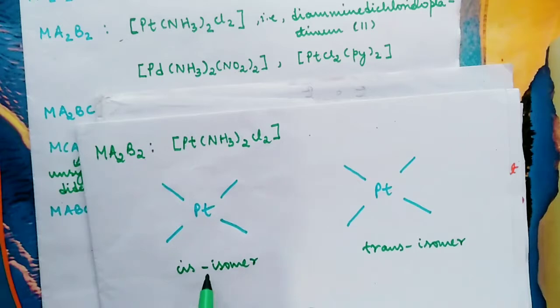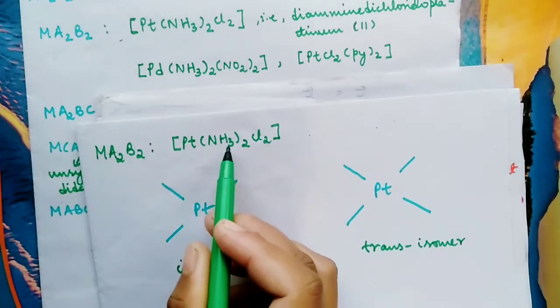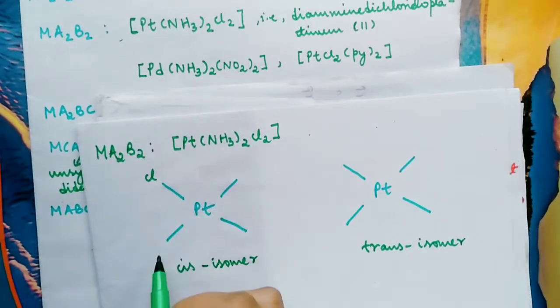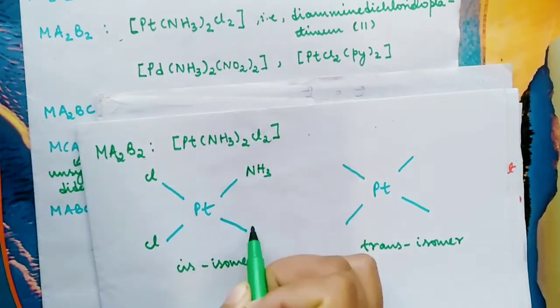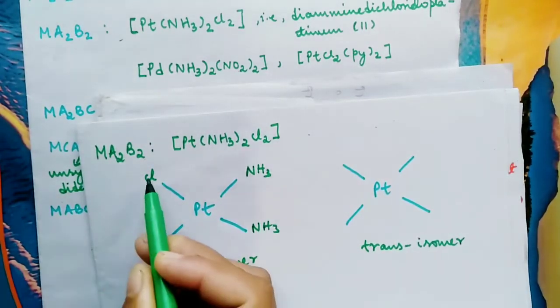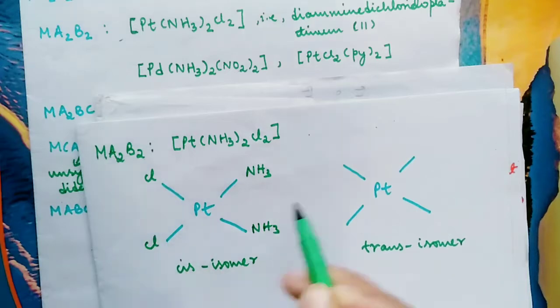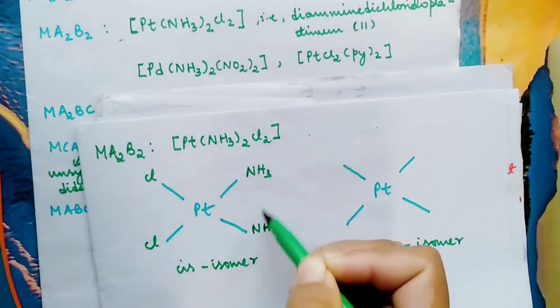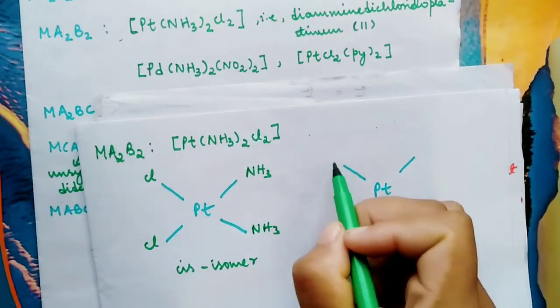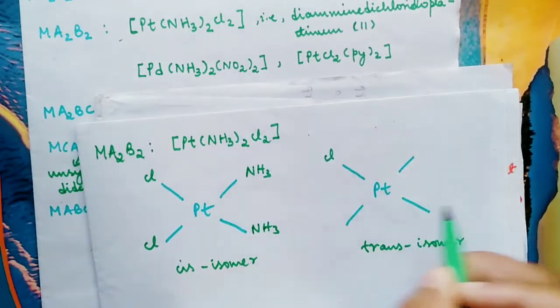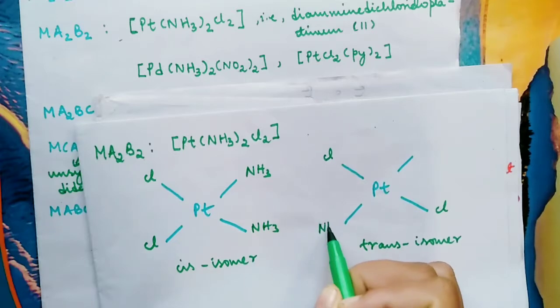Okay, so for the cis isomer, similar groups should be placed on adjacent positions. See, here we have the adjacent positions, here also adjacent positions for NH3 and Cl. So this one is your cis isomer, whereas for the trans isomer, the similar groups lie opposite to each other.